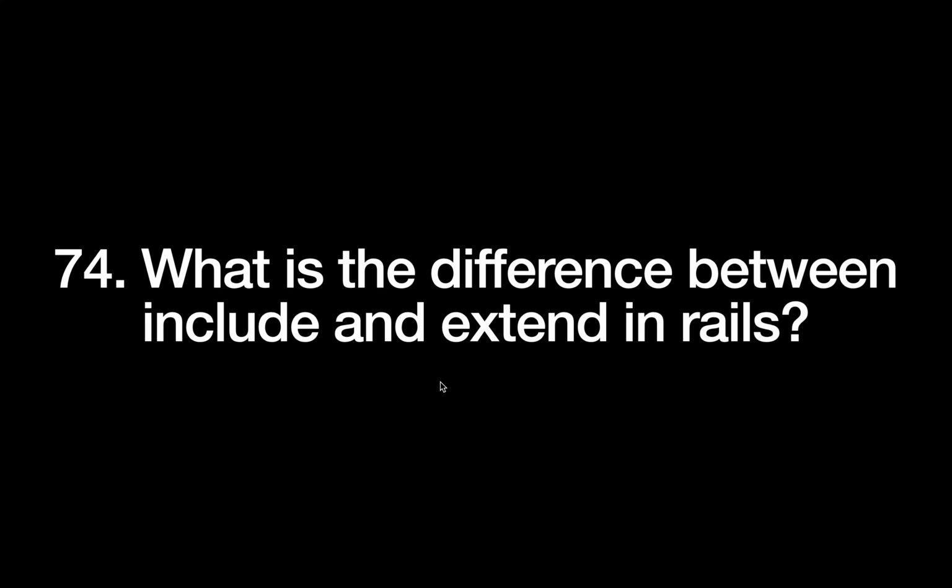What is the difference between include and extend in Rails? When you work with modules in Ruby or in Rails, you might face a situation where you want to use some modules in a Rails model. When you use include and then the module name, it means you are trying to use instance methods defined in that module.